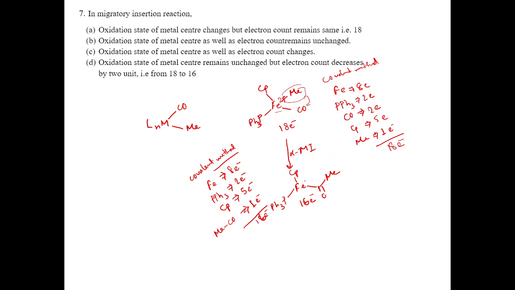But here also it is in the +2 state because both of these are anionic ligands. So the oxidation state of the metal center doesn't change, it remains unchanged, but the electron count decreases by 2. So option D is the right answer. Okay, let's move on to the next question.